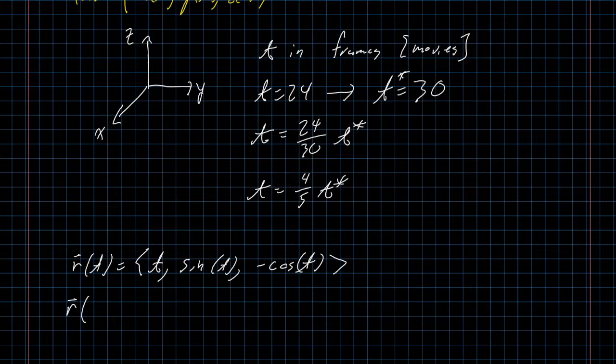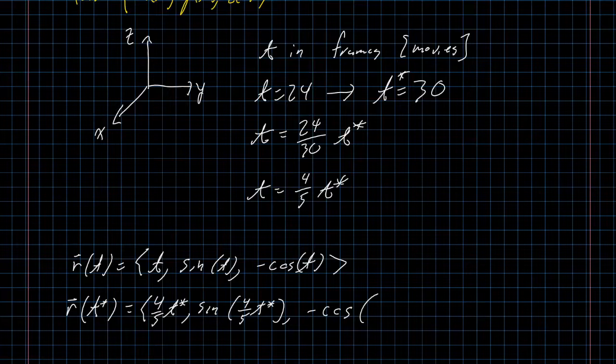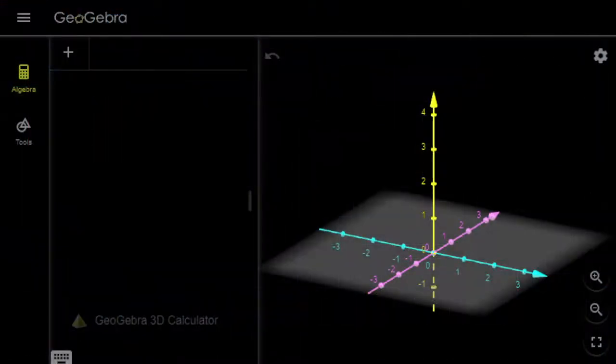Or, using the change of coordinates, r of t star is going to be equal to 4/5 t star, sine of 4/5 t star, and negative cosine of 4/5 t star. And if I jump over to GeoGebra, I can try to graph both of those.